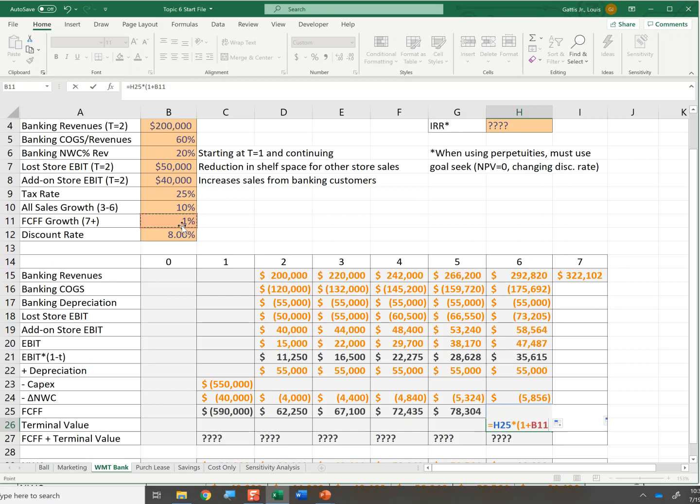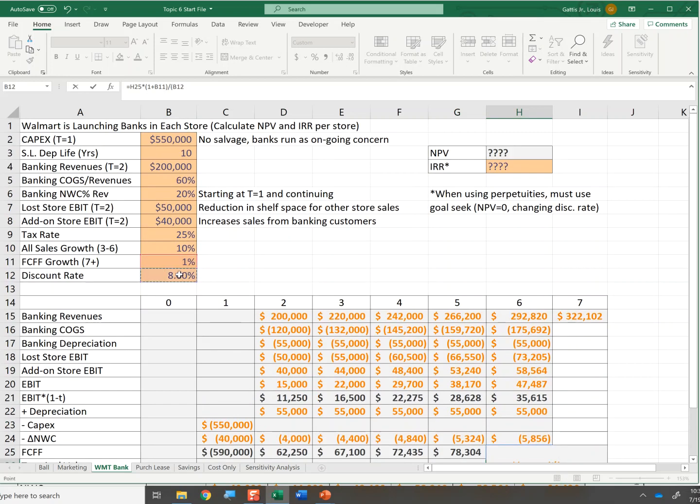That's going to give me my year 7 free cash flow. I'll then divide that by my discount rate minus my perpetual growth rate.